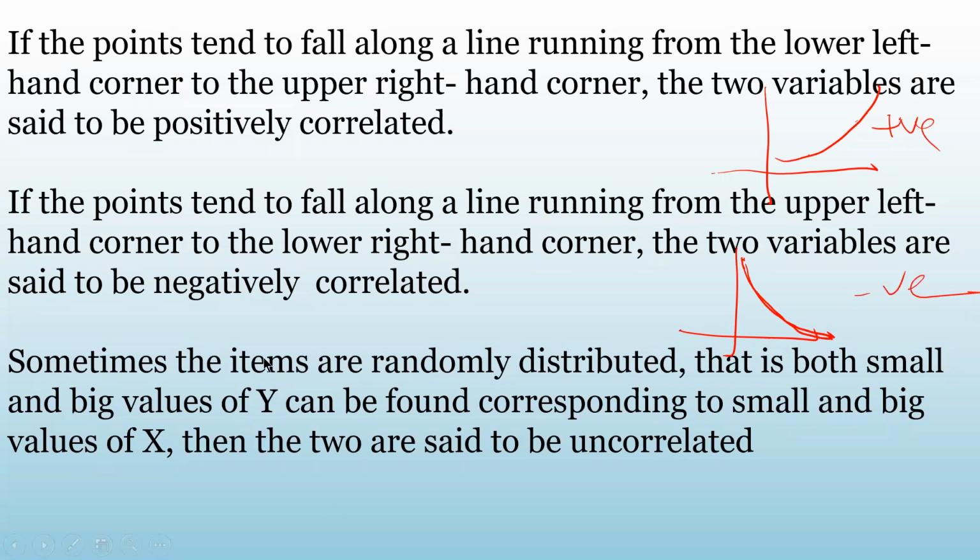Sometimes, as I told you, the points are randomly distributed. That is, both small and big values of y can be found corresponding to small and big values of x. So they are haphazard, and that will give you that the variables are not correlated.